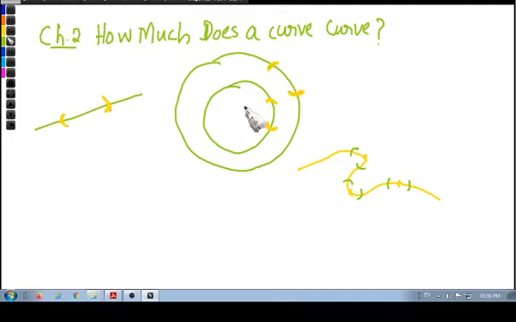If the radius of the circle becomes very large, for example like the radius of Earth or Sun, we will not feel that there is a kind of curvature at the point where we are standing.